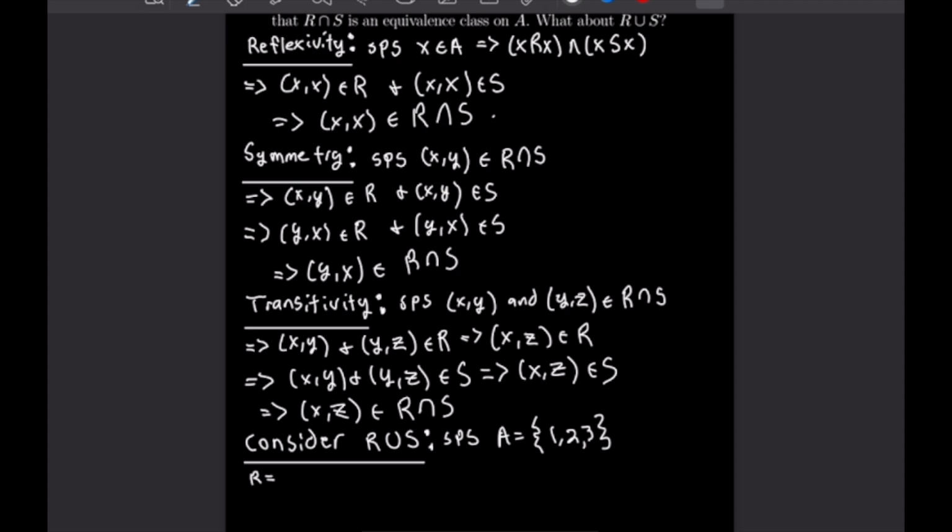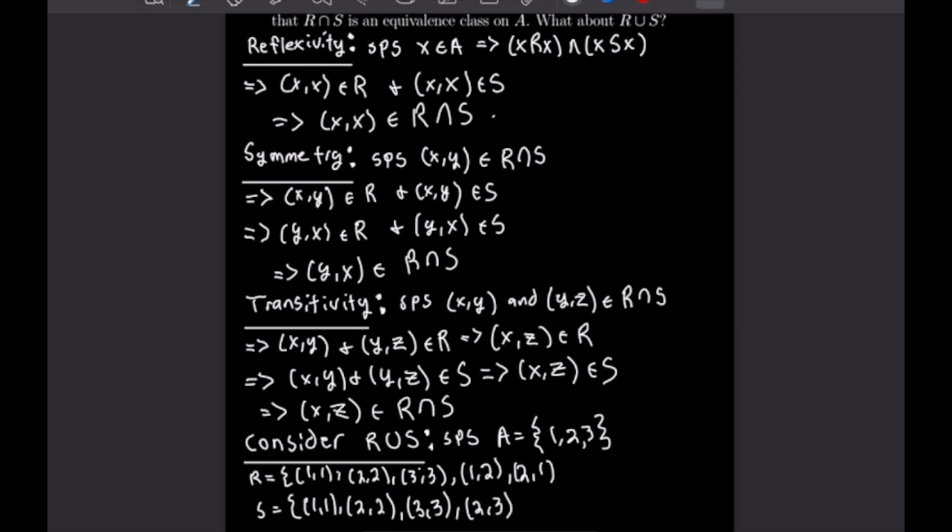So R will be equal to {(1, 1), (2, 2), (3, 3), (1, 2), (2, 1)}. And then S will be equal to {(1, 1), (2, 2), (3, 3), (2, 3), (3, 2)}.